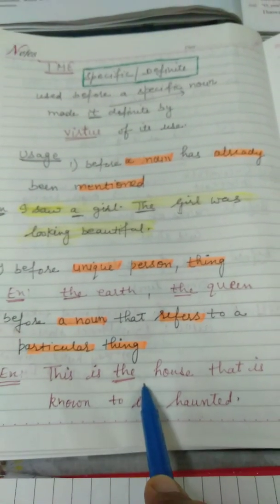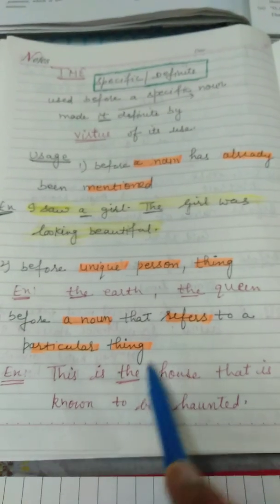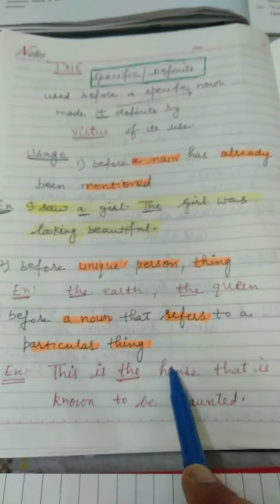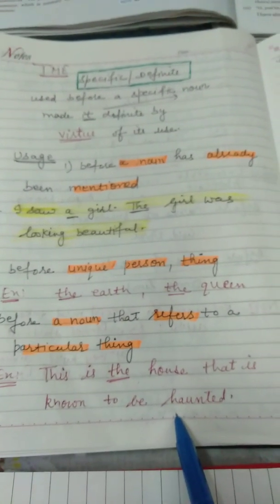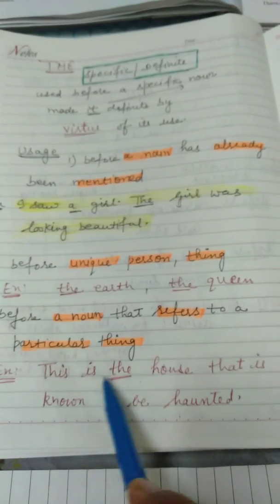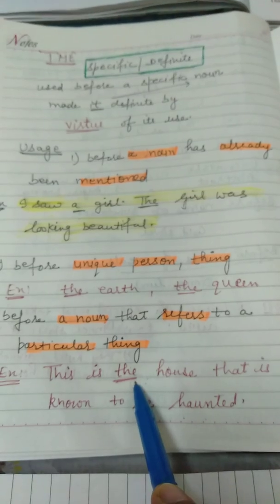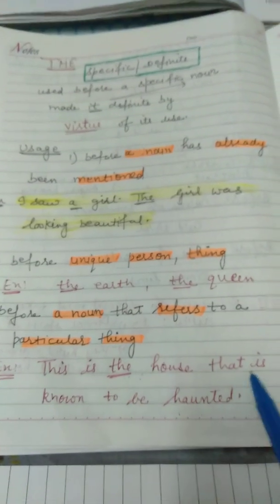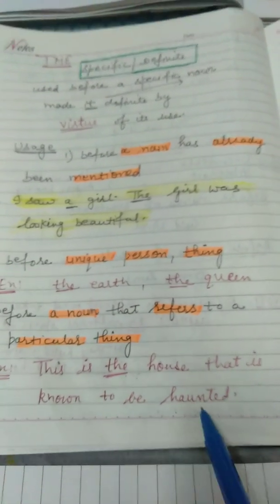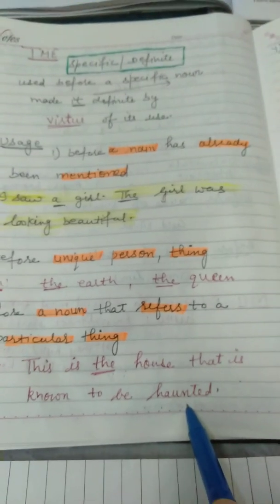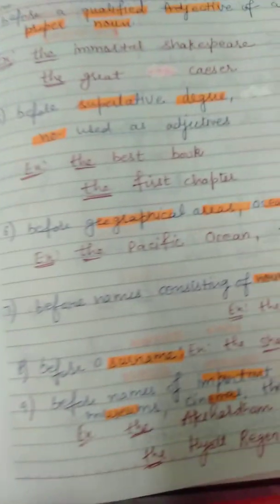This is the house, a particular house. Which particular house? That is known to be haunted. If the sentence is only this much, this is a house, then only a is used. But we are making it particular by saying that is known to be haunted. Okay. Now let me proceed.